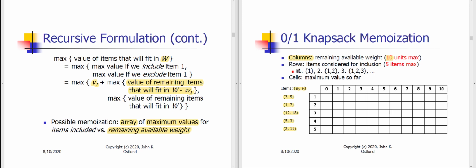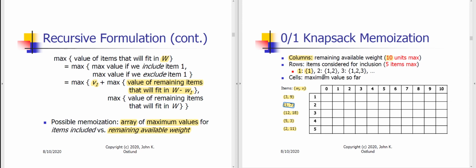So for row 1, we're only considering, for each possible remaining weight that we have in our knapsack, whether item 1 should or should not be included in our knapsack. When we get to row 2, we have another item to consider. This is item sub 2, or item number 2, which has its own weight and value. But we're not ignoring item 1.